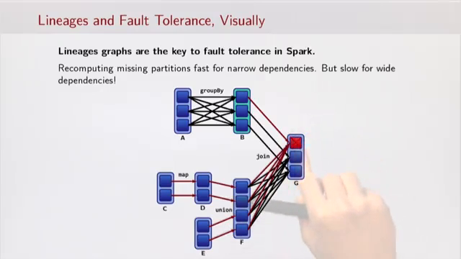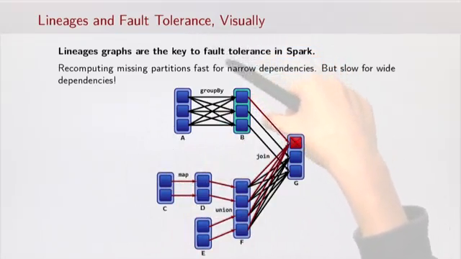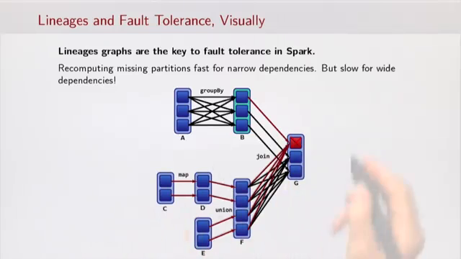And because this child depends on all of the parent partitions in this union, we've got to recompute all of these intermediate RDDs in order to recompute this one piece of data here. Of course, it helps that this RDD is cached in memory, so we can just reuse this partition without having to compute this groupBy, but this is still going to be very expensive. So losing partitions that were derived from a transformation with wide dependencies can be much slower.